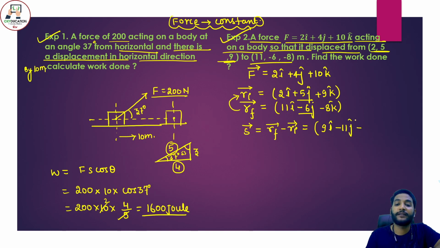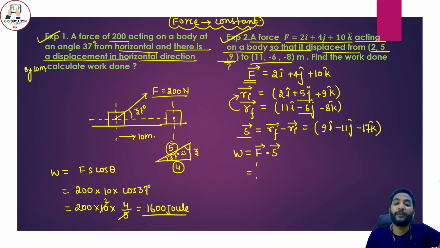Now minus 17k cap. Now we have displacement as well as force vector. Okay. Whenever you are given a force and displacement in vector form, you have to calculate the work done by multiplying them with a scalar product or dot product, F dot S.